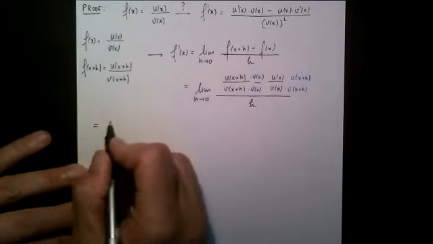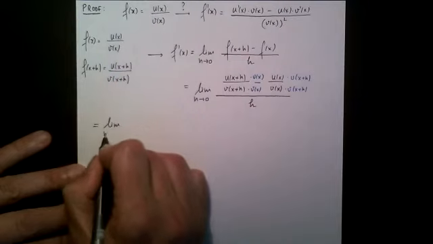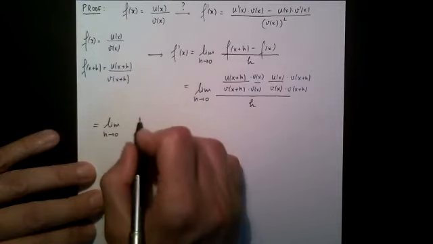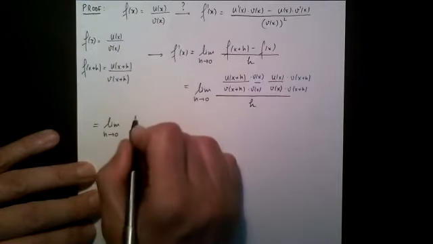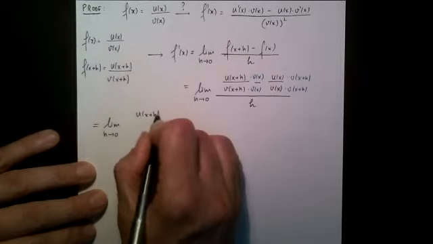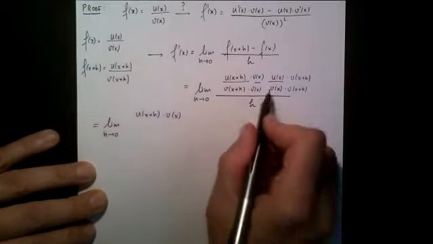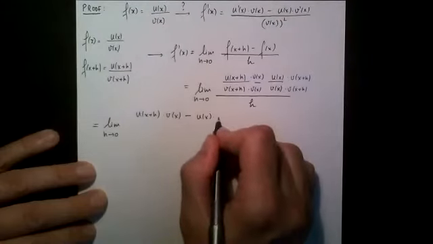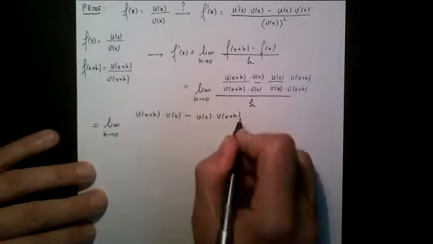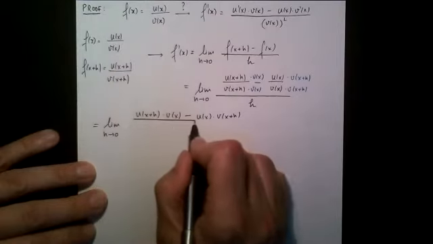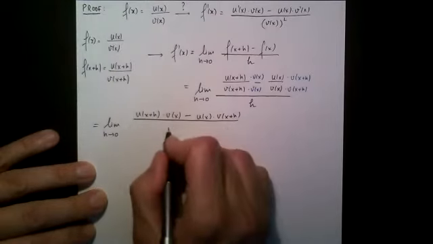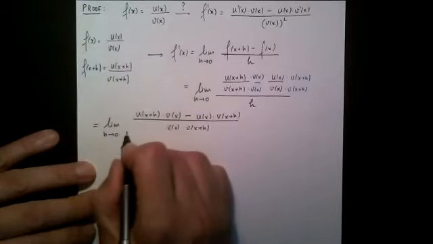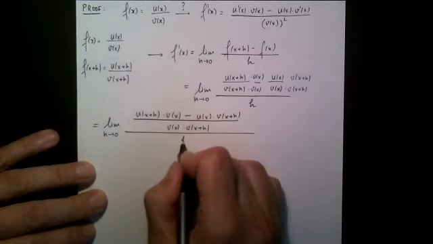Okay, so let me rewrite this nicely here. Limit as h approaches 0. And so on top now, what do I have? I have u of x plus h times v of x, and then minus u of x times v of x plus h, and all this on the common denominator, which is v of x times v of x plus h, and all this over h.